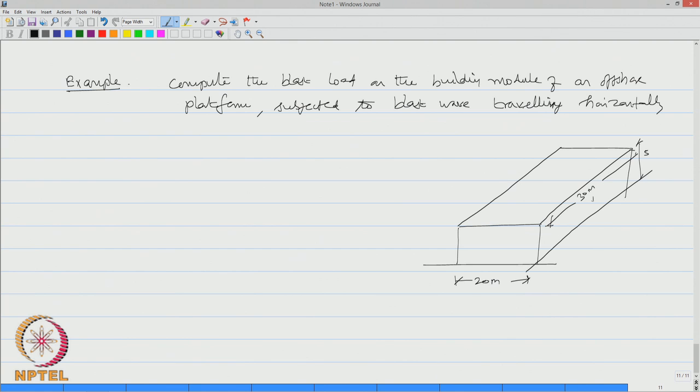So, I call this as BW, this as BL, and the blast wave is hitting the system from this direction, traveling horizontally.